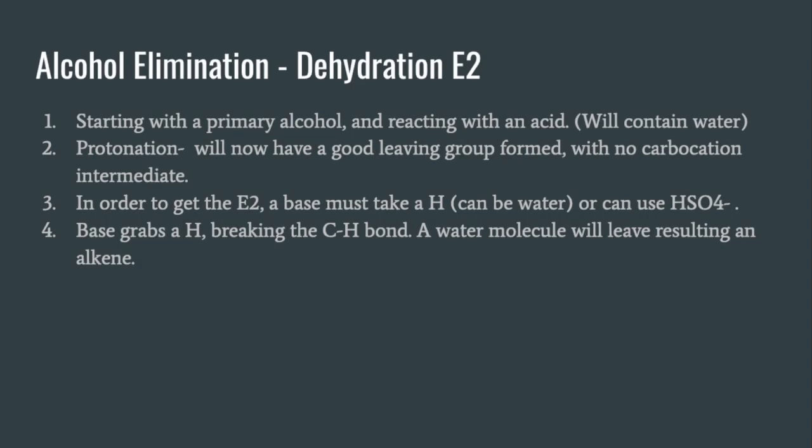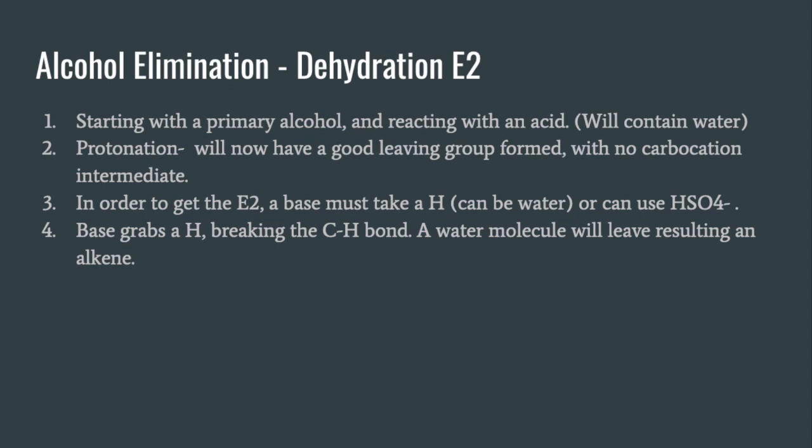Okay, so now let's take a look at an E2 mechanism, which we know happens with primary alcohols reacting with an acid. We're going to react a primary alcohol with an acid, and it's going to form a really good leaving group, but we're not going to have a carbocation intermediate. So in order for the alkene to form, we have this really good leaving group on the molecule, and a base is going to come in.